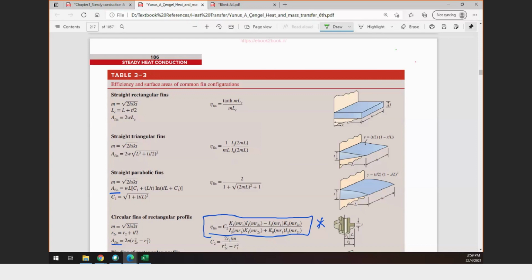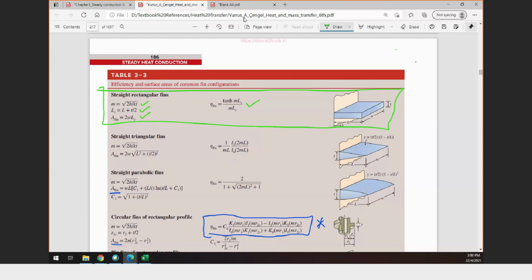It's a straight rectangular fin that you need to consider for your calculation. So you need to calculate the m value, Lc value, and fin area, and you can get the fin efficiency. In fact, the first question is the fin efficiency, so you can calculate this first.